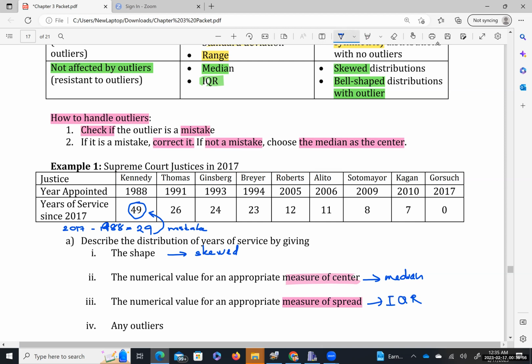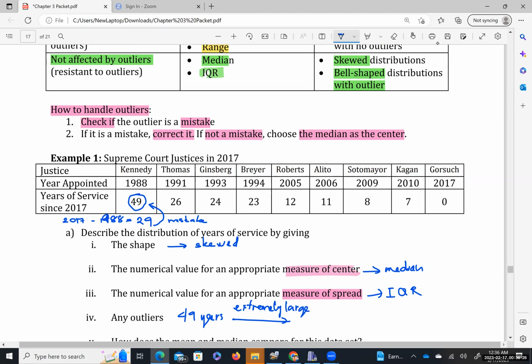Okay. And is there any outlier? Clearly, it was 49 years, right? And I can say it's an extremely large value.